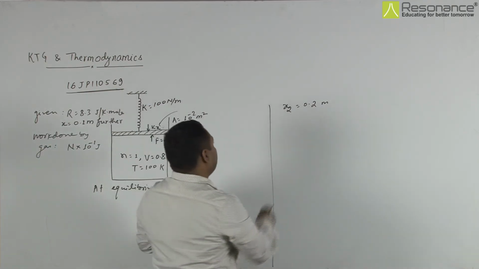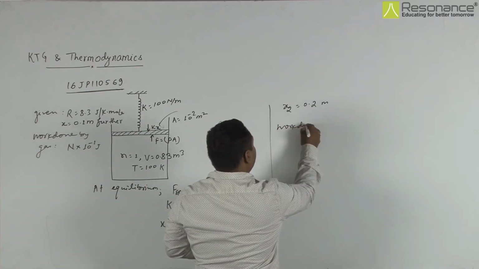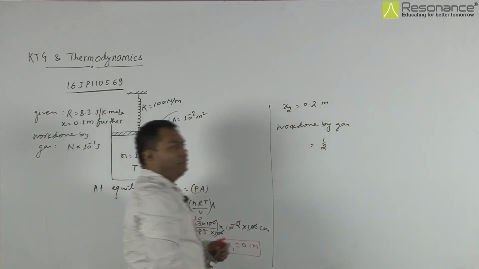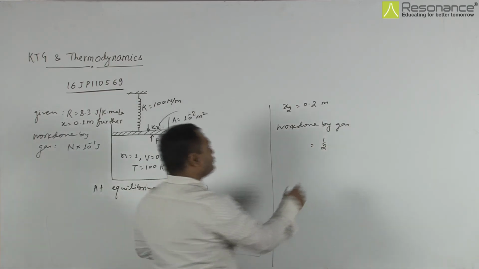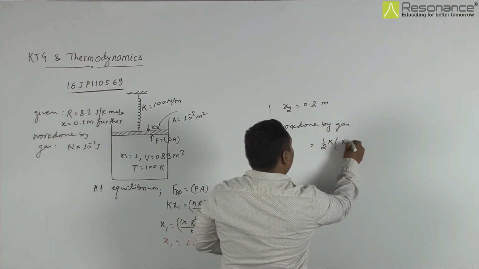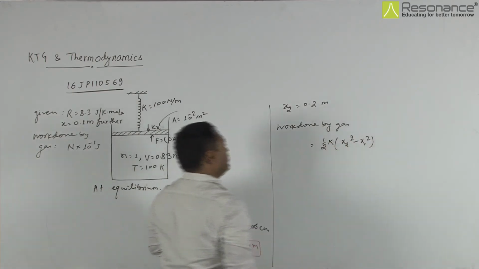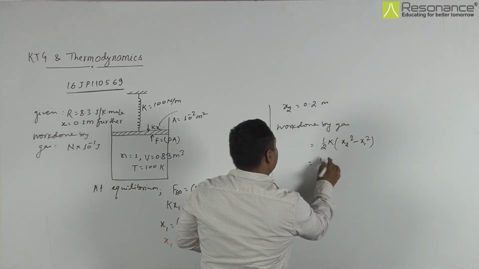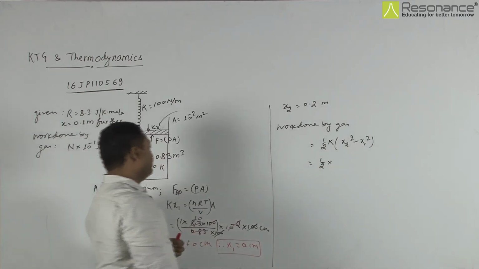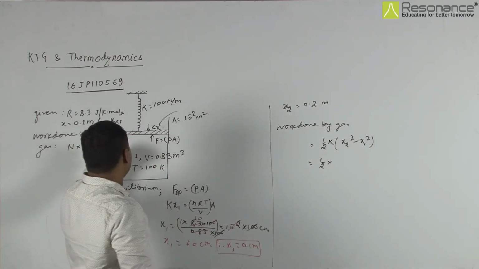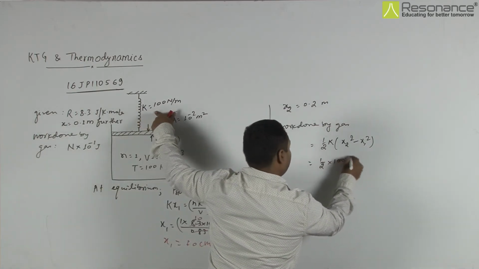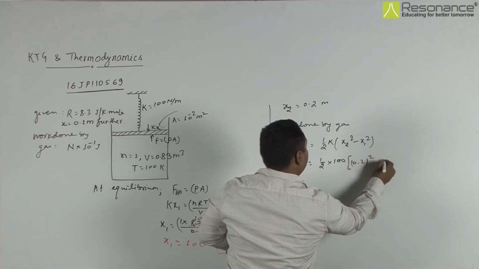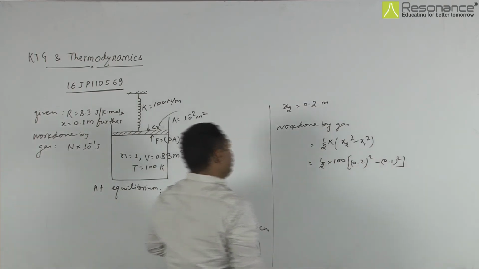So work done by gas will be equal to the change in potential energy, that is half K (x2 square minus x1 square). So it will be half multiplied with K, which is 100, x2 is 0.2, so 0.2 whole square minus 0.1 whole square.